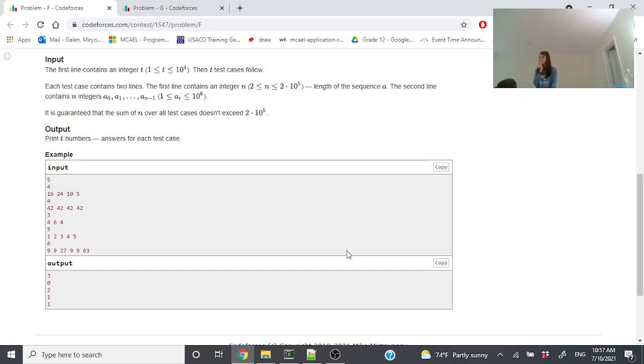Does it actually? Wait. So after an operation, index is basically set.